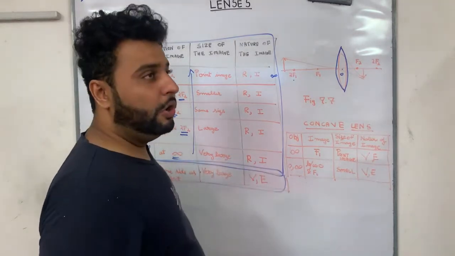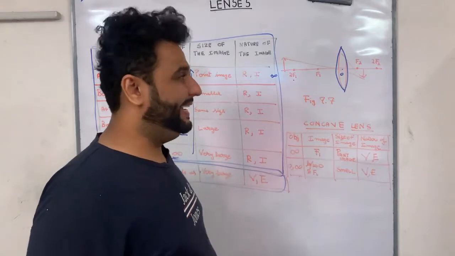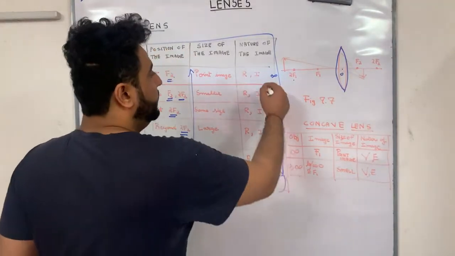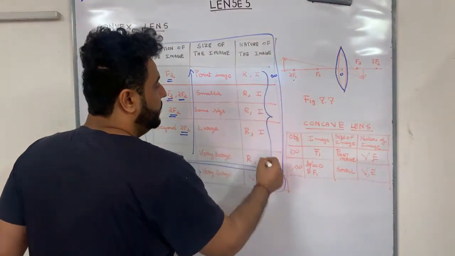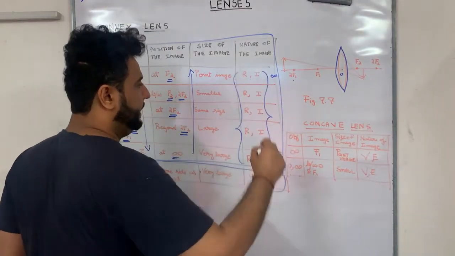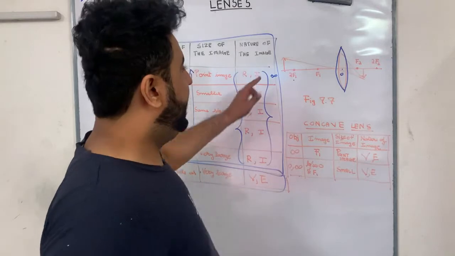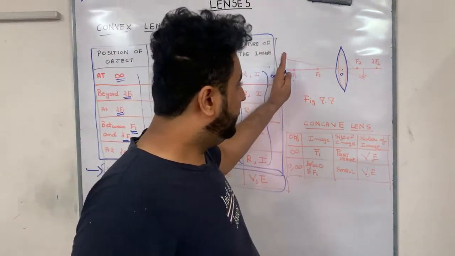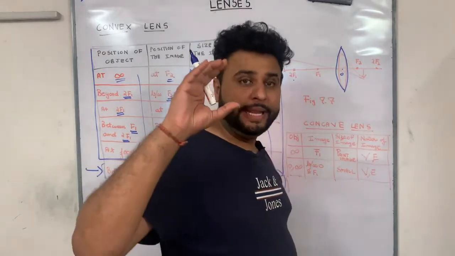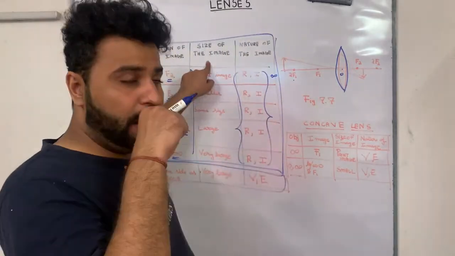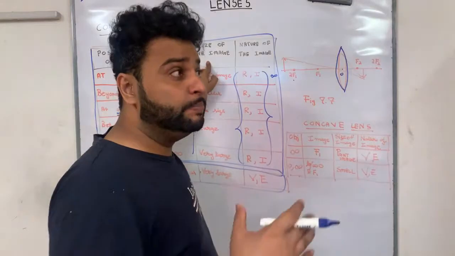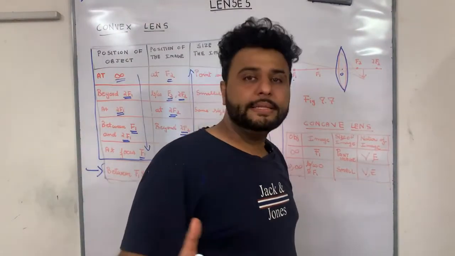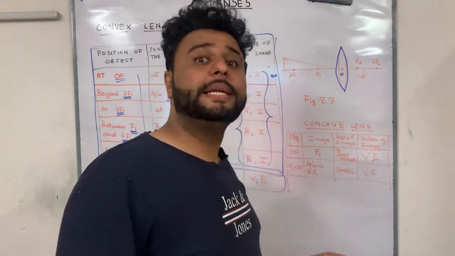But remember, all the images formed by a convex lens will be real and inverted. And as I keep coming towards the lens, the size of the image keeps getting larger.